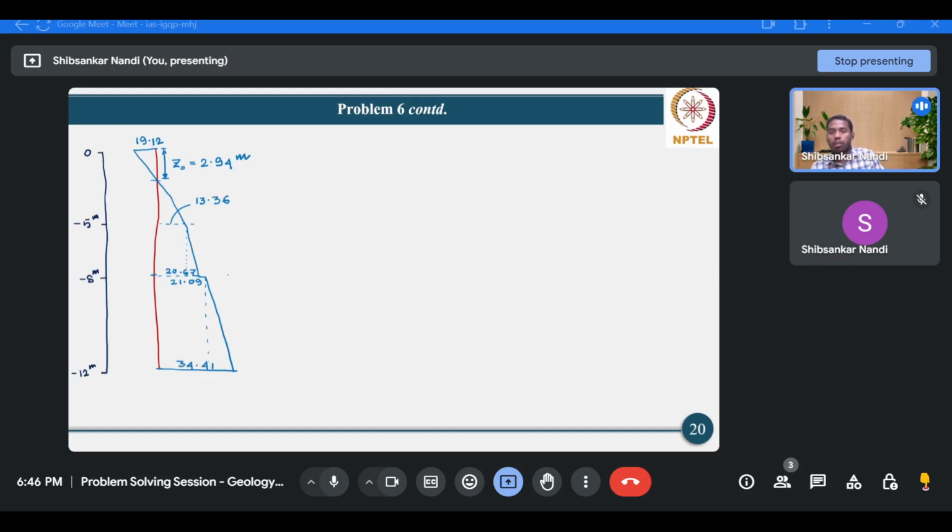Now water pressure will be added here, and this will start from a depth of 5 meters, and that will linearly vary with depth. So at this level will be 30. Okay, so this is the active earth pressure distribution diagram for the entire height of the wall.